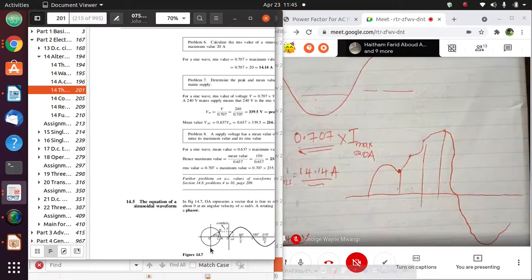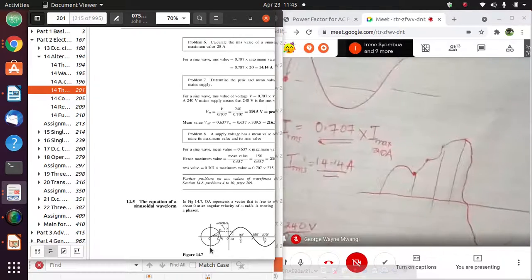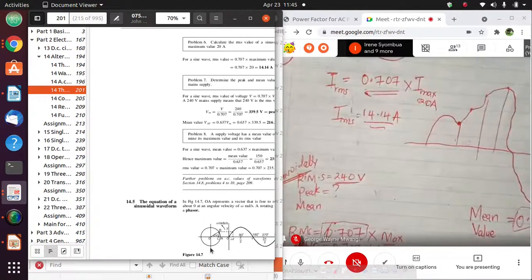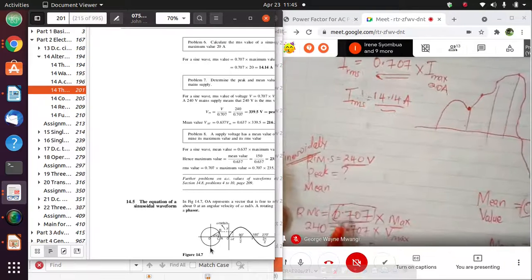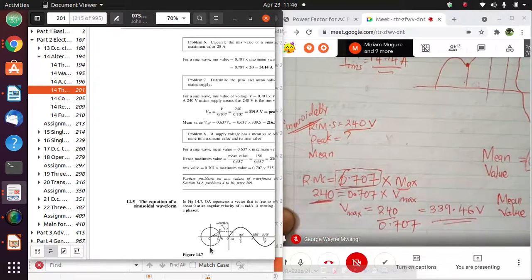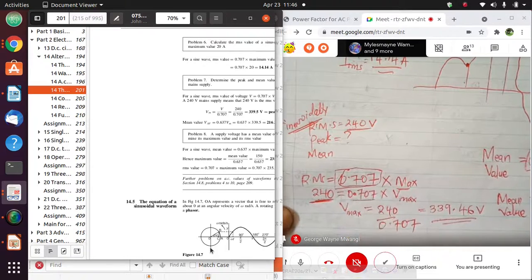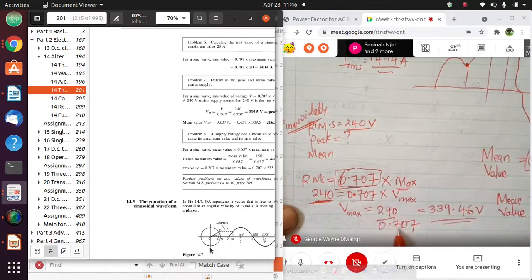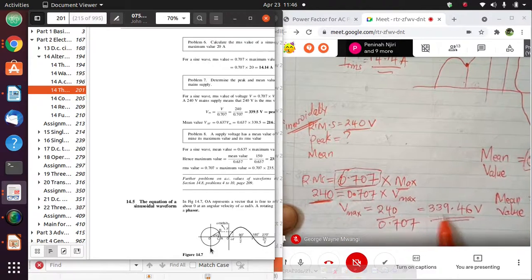Sawa. Now when you have RMS, RMS is 0.707 times the peak value, the maximum value. This is question 2, the second example. RMS tulikuwa tumeambiwa ni 240. Hii constant ni 0.707. Ndio maana tunasema peak value is 240 divided by 0.707, ndio tukapata the peak value as that.